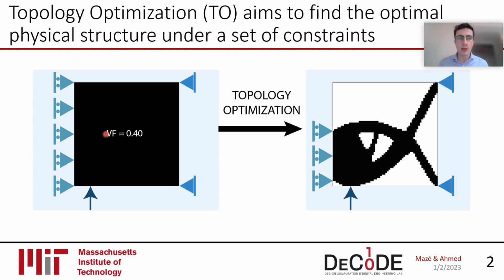Topology optimization aims to determine where to remove material and where to keep it so the structure has the best mechanical properties. In practice, the physical metric that we try to minimize is usually compliance. On the image on the right, you can see the optimal structure for these input conditions.